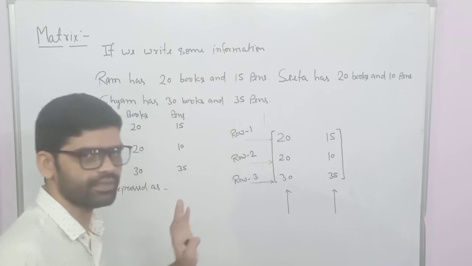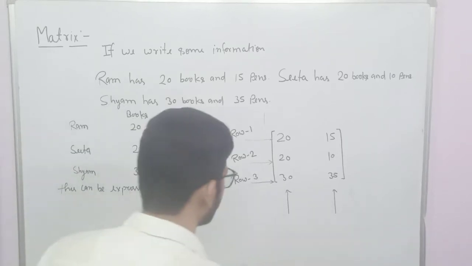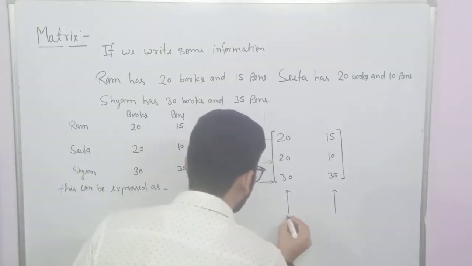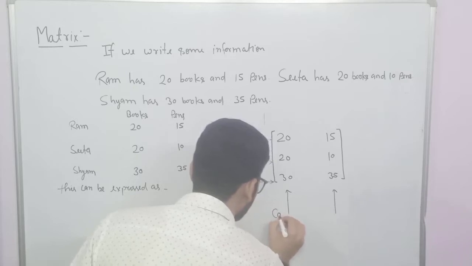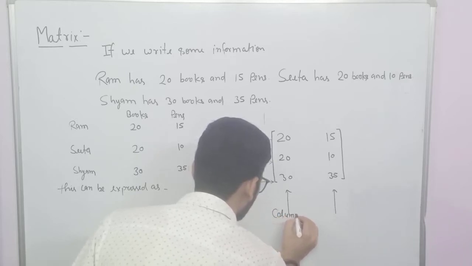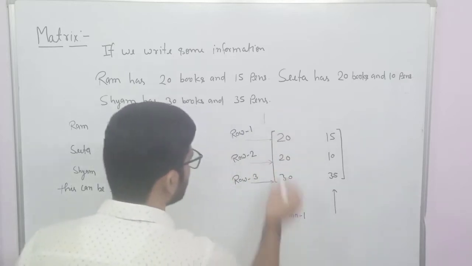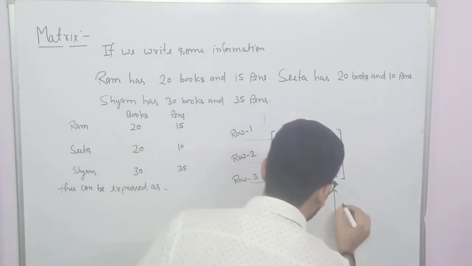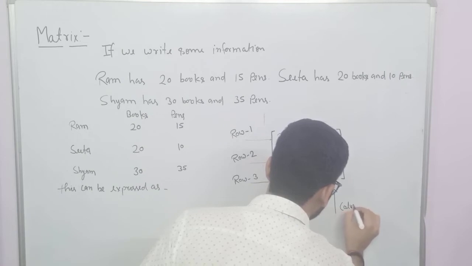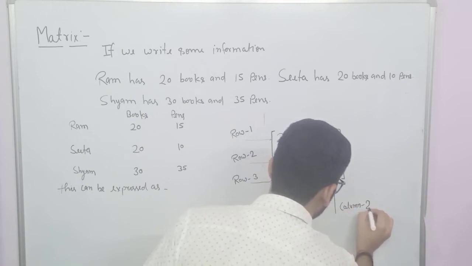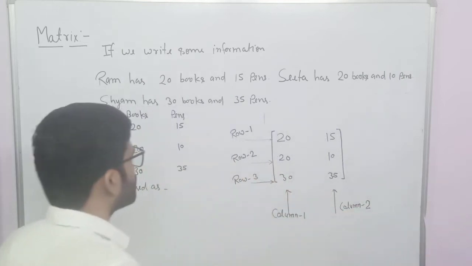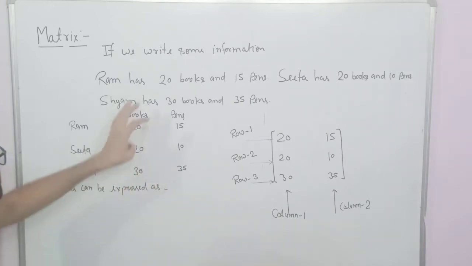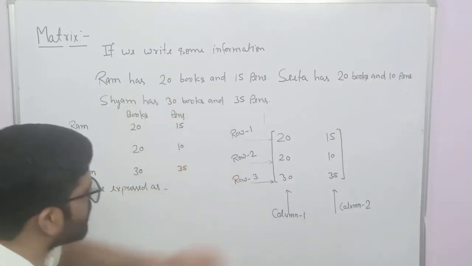And how many columns? You can write column 1, the first vertical line, and column 2. So this is the representation of the above information in tabular form.